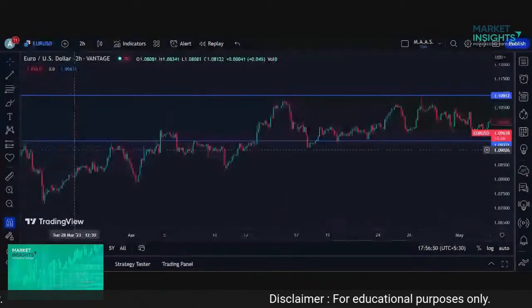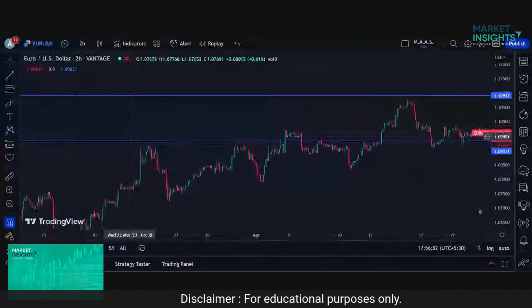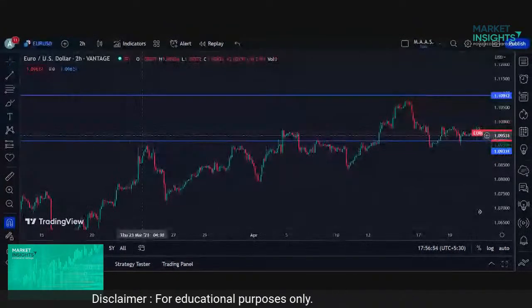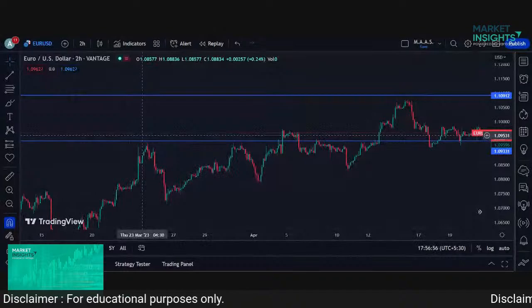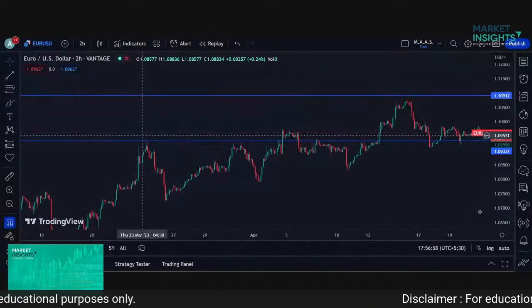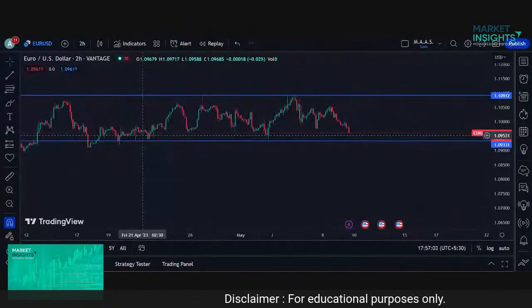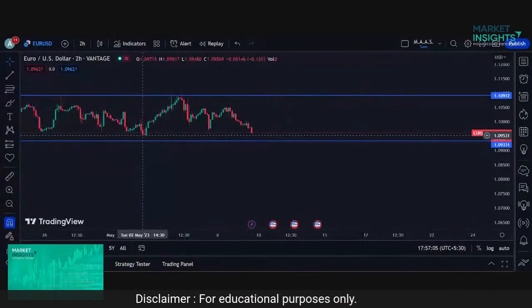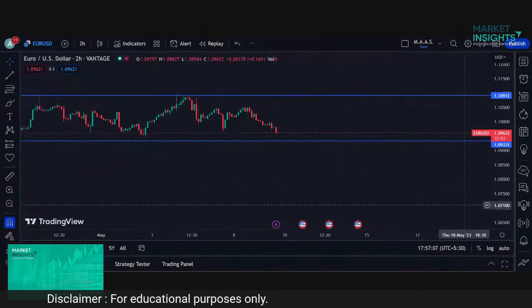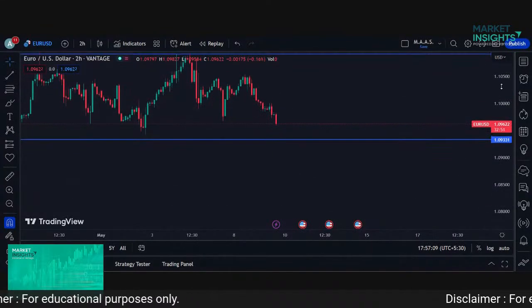So if you go to this particular point, let's say from this point it has worked. Thursday, 23rd of March, so it is quite a bigger idea that we have got, a very good context to what we are about to do. So this is the first step, to understand where the price action is and what it is doing.